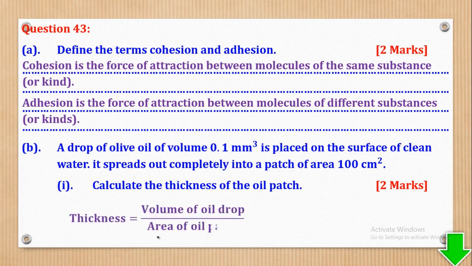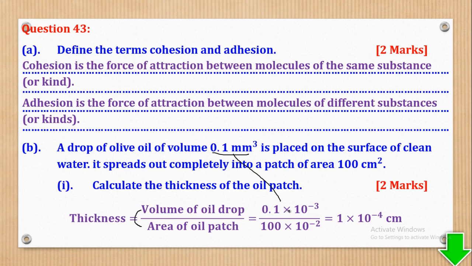So now that thickness is equal to volume of the oil drop over area of the oil patch. So volume was this one, but you have to convert to meters cubed by multiplying by 10 to the power negative 3. And this area, centimeters squared, so that has to be converted to meters squared. And that is by multiplying it by 10 to the power negative 2. So when I divide the two, I'll come up with the thickness as 1 exponent negative 4 centimeters.